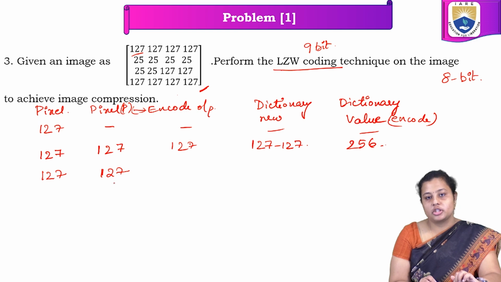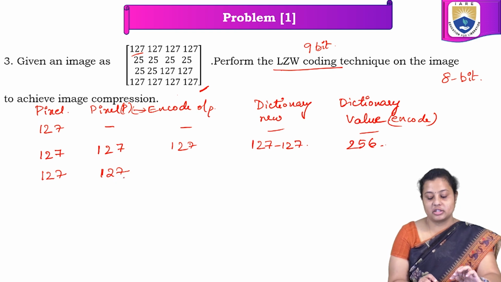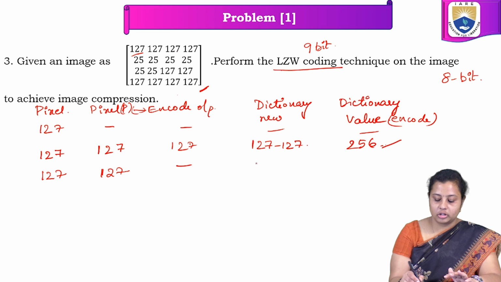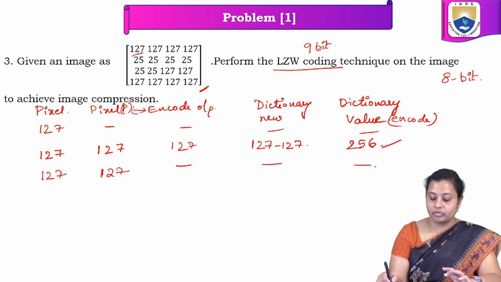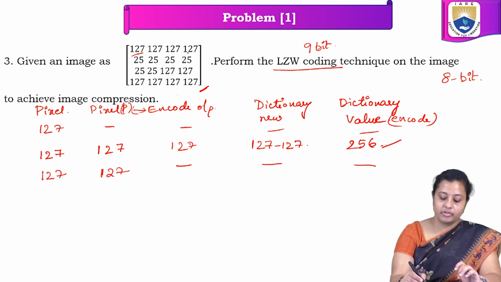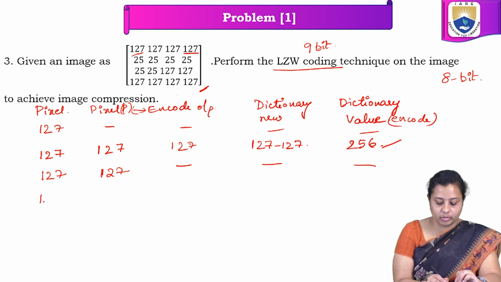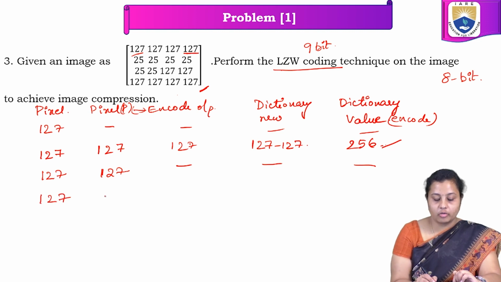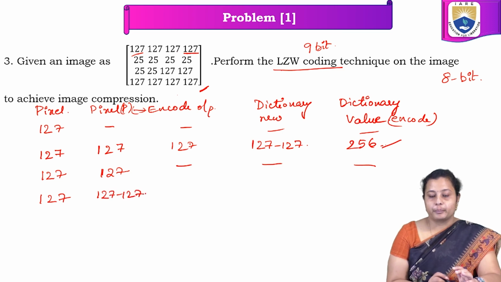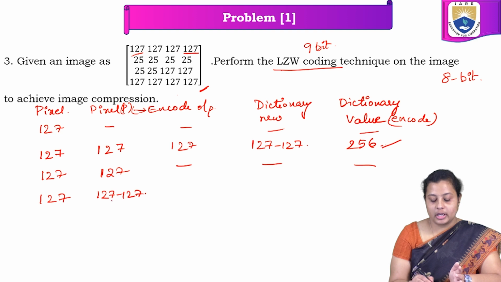Is the combination 127 hyphen 127 existing? Just now we coded it and we have added it in my dictionary. So that is equal to 256, the encode output. It already exists in the dictionary, so we will just neglect it. Next, we will take the symbol again, which is equal to 127. Now, my previous pixel which I have to code is 127 hyphen 127. What will be my encode output?